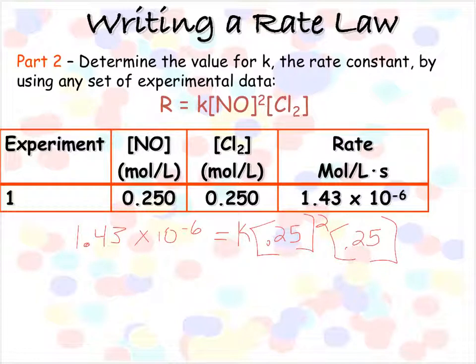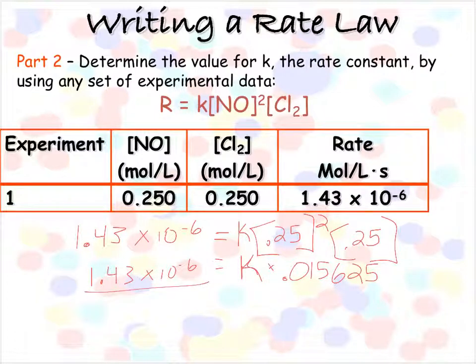Okay, and I'm going to solve for K using a little bit of algebra. So we got 0.25 squared times 0.25, so that's 0.25 cubed. So I got 0.015625, and that is still being multiplied to K, right? That's K. And then I still got my 1.43 times 10 to the negative 6 over here.